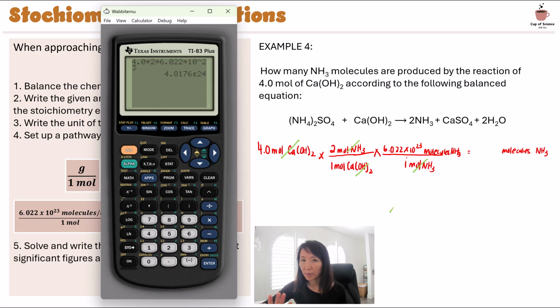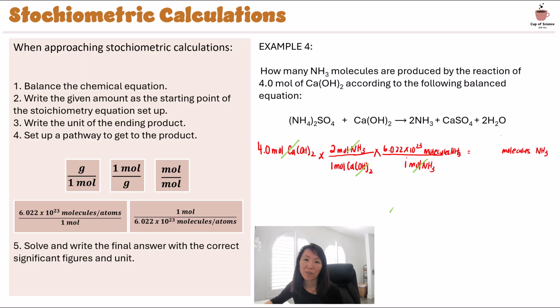So I have some big number here, divided by 1 times 1 with the parentheses. It's going to be the same number, but we're practicing. So it's 4.8 times 10 to the 24. So the final answer is 4.8 times 10 to the 24. I'm going to squeeze that in there. Molecules of NH3.